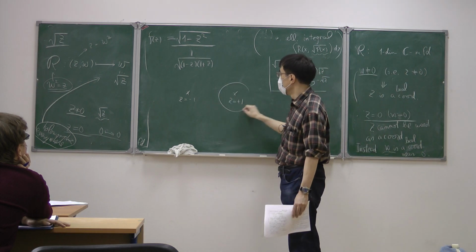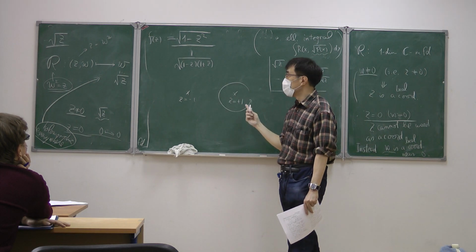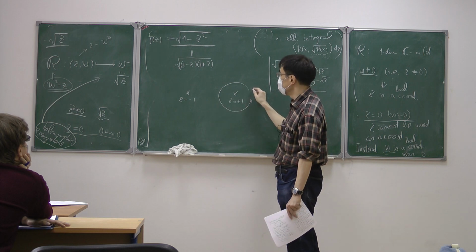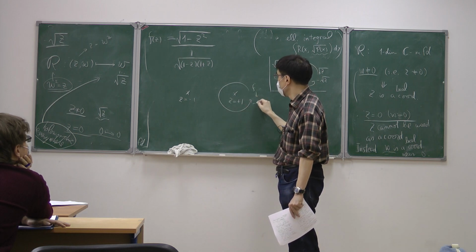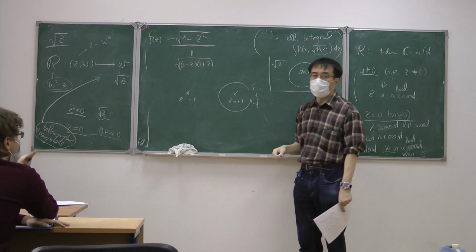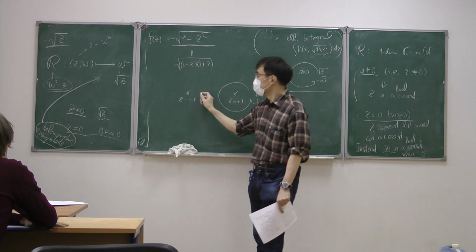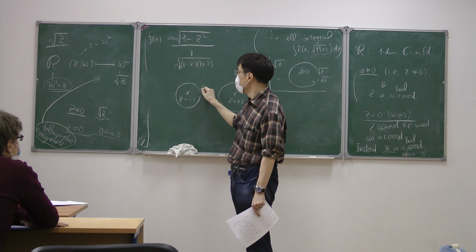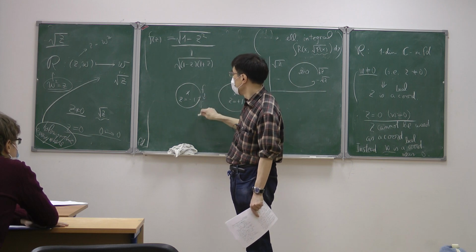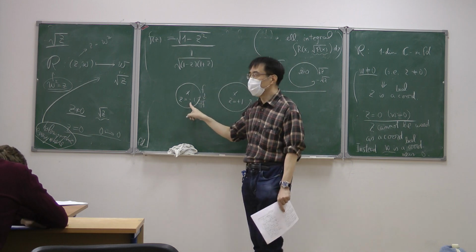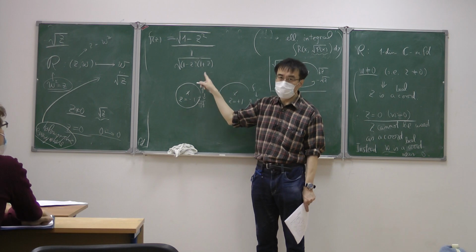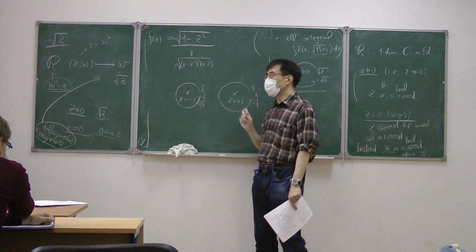If we go around this, it changes sign. If we go around -1, then because of this part, this function changes sign.